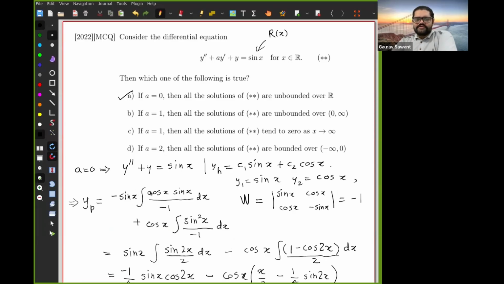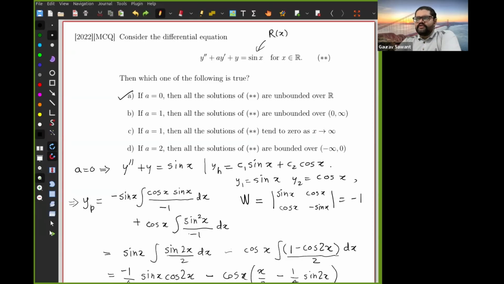You just have to use the same methodology: find the solution for the associated homogeneous equation that will give you linearly independent y1 and y2, and then you use the formula to find the particular solution for that particular case, minus y1 integral y2 rx dx over w plus y2 integral y1 rx dx over w.